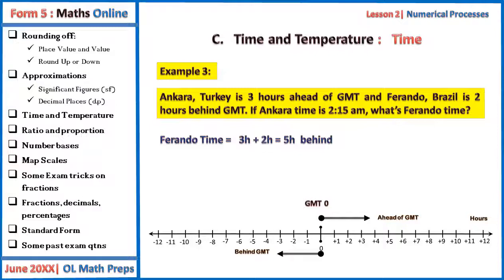So the time difference is 5 hours. So Fernando is 5 hours behind Ankara. Therefore, to have the time at Fernando, we have to subtract 5 hours from Ankara time. 12:15 a.m. minus 5 hours is equal to 7:15 p.m. So the time at Fernando is 7:15 p.m.